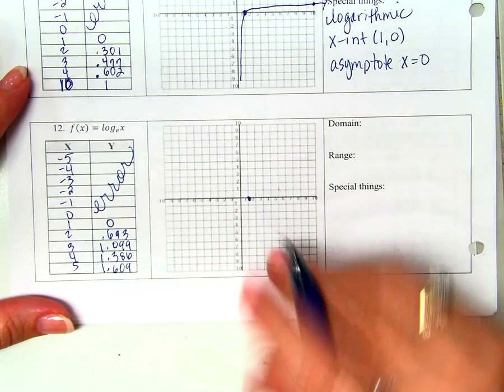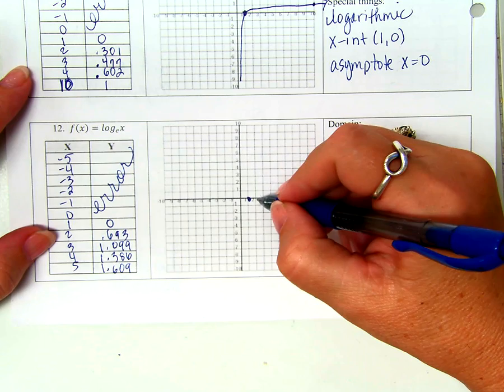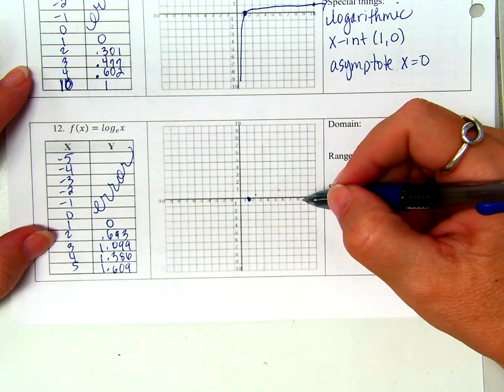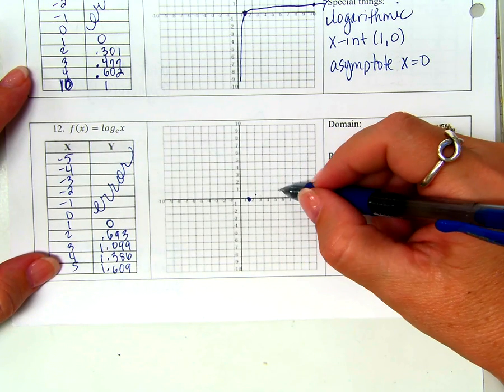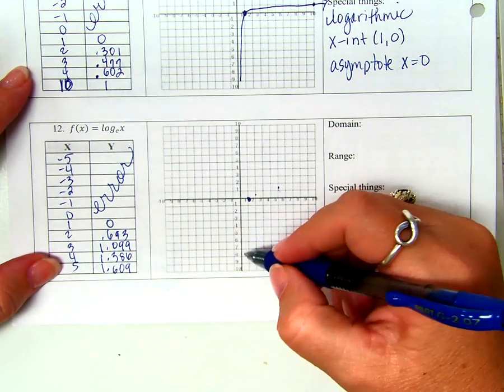So I know it's there. 2 is a little more than half. I'll go out to 5.6.